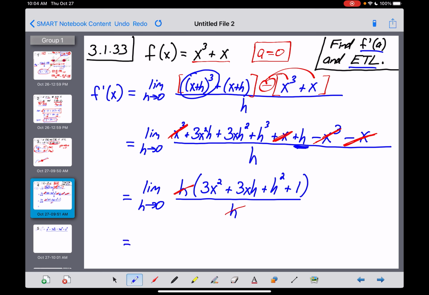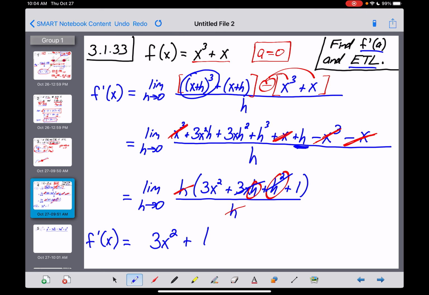So that means now, guys, we can actually put a 0 in for our h's here and here. And what do we end up with? We have a 3x squared. This term becomes 0. This term becomes 0. And then there's a plus 1 at the end of all that. And that, everybody, is our general expression for our derivative of 3x squared plus 1.